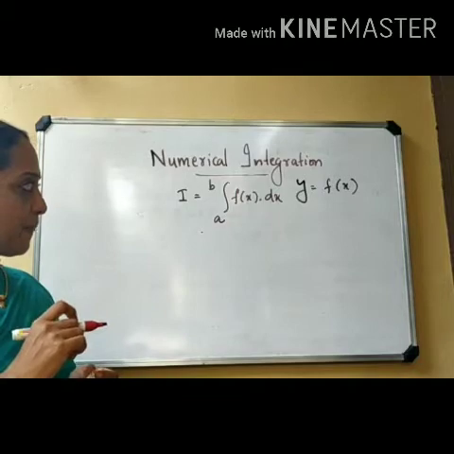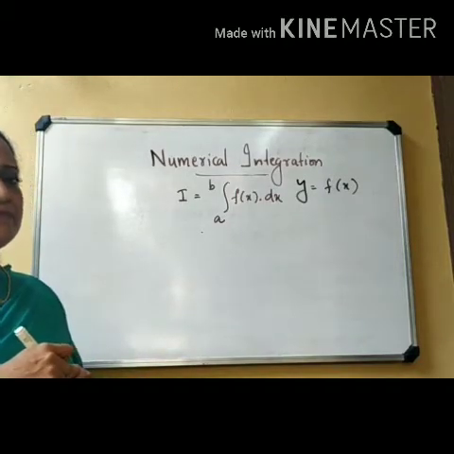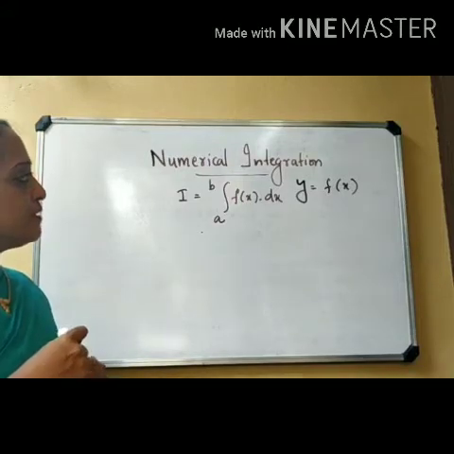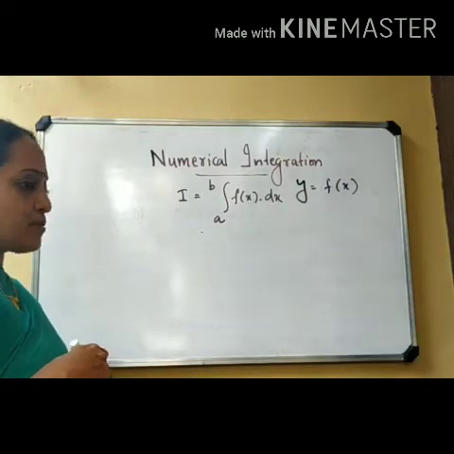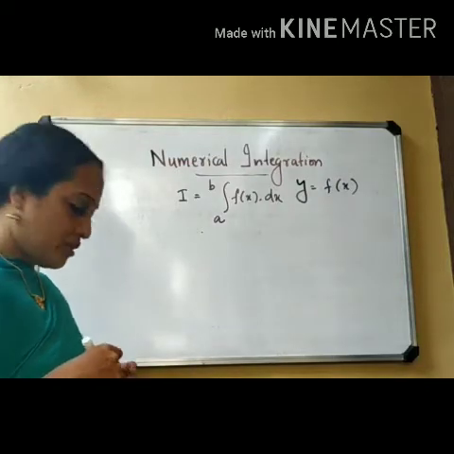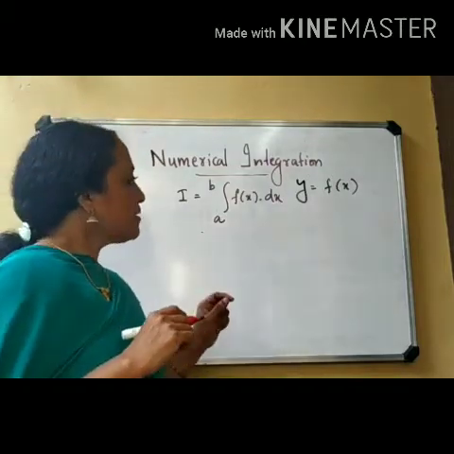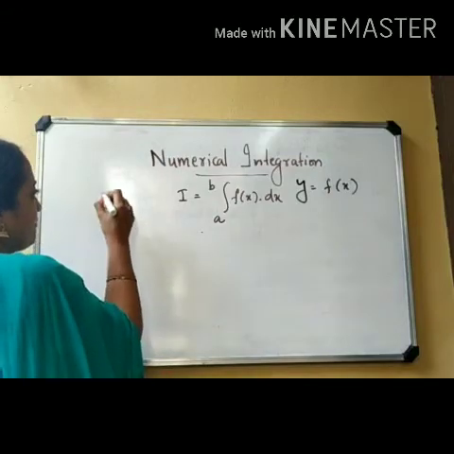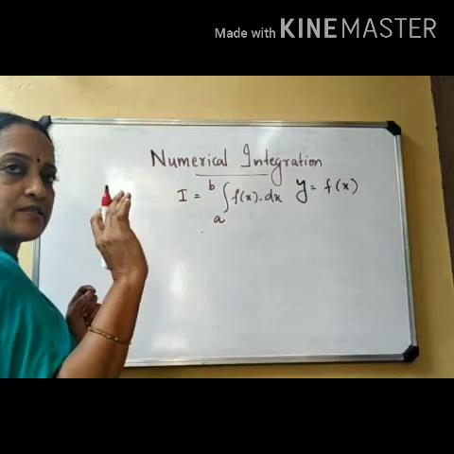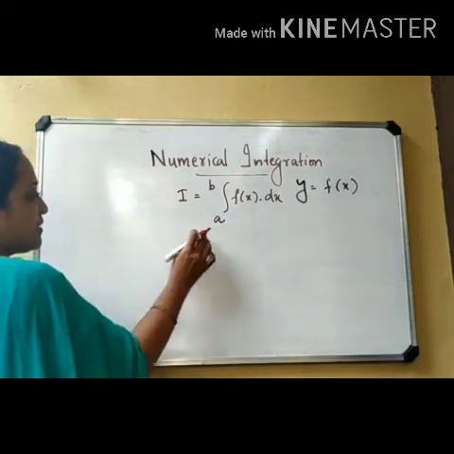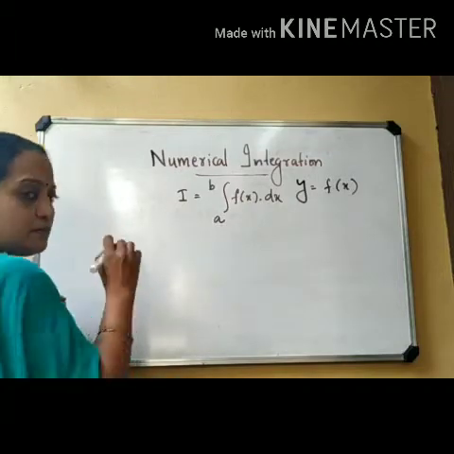For this we can again consider Newton's forward interpolation formula, and we will be deriving a general expression for numerical integration based on Newton's forward interpolation formula. We know that if we are given a set of values x0, y0, x1, y1, etc., up to xn, yn, then we may assume the form of the function y.